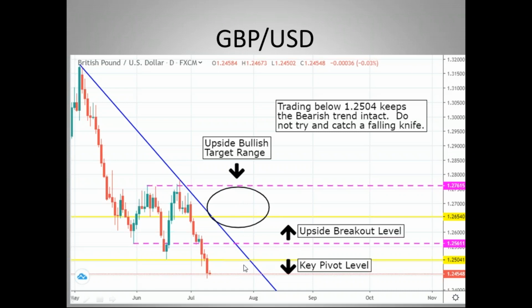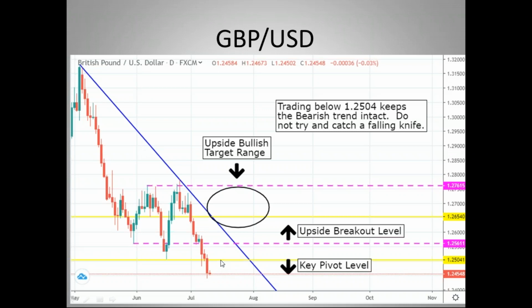So that being said, I think you've got to use this $1.2504 as your risk level for bears, and for bulls, I would definitely not try to buy into this break right now. I would definitely use that level, a rally above that, especially a close above that. I mean, right now you can see we have this blue line, which is our downward sloping resistance.